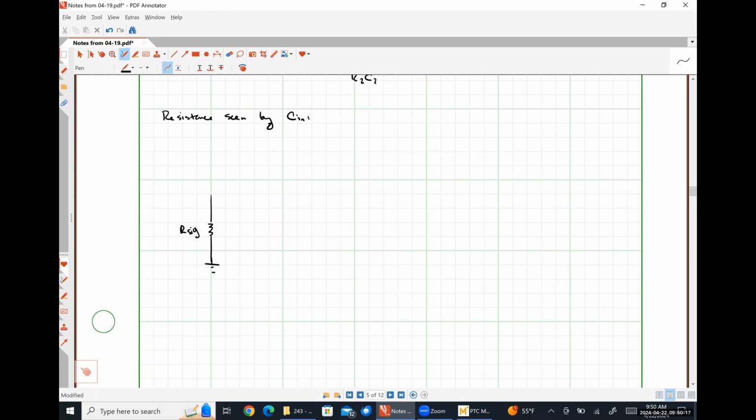So I'm connecting my signal resistance to ground because we're effectively finding a Thevenin equivalent voltage. So I need to be looking at a dead network. So my input signal is turned off. Okay. Here are the terminals where my capacitor was. These are the ones that we're looking into. So I'm going to call this RCN.